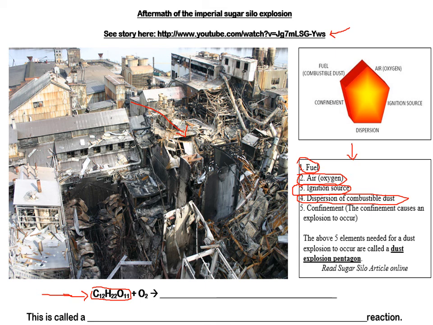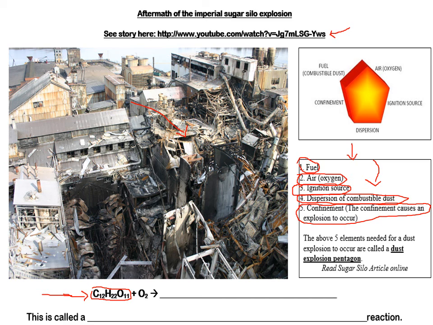But when it's spread out all over the air, there's more surface area for the sugar particles to react with the oxygen, and that can lead to a reaction. And then the fifth ingredient here was this confinement. So because there was so much sugar in a small area, that led to an explosion, and that triggered other explosions. So because all these 5 components were present, the sugar silo exploded due to the combustion of sugar.